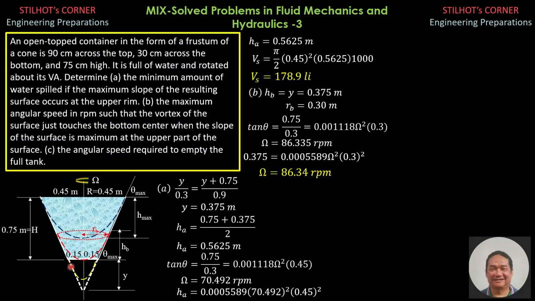And therefore, by principle again, this is the cone, the height of that imaginary parabolic surface such that it is tangent at the bottom part would be half of this y again, half of y, and the radius is 0.15. So that's h sub C, and h sub C is expected to be half of 0.75, or this is slope again, 0.75 over 0.3, which is the same as this.